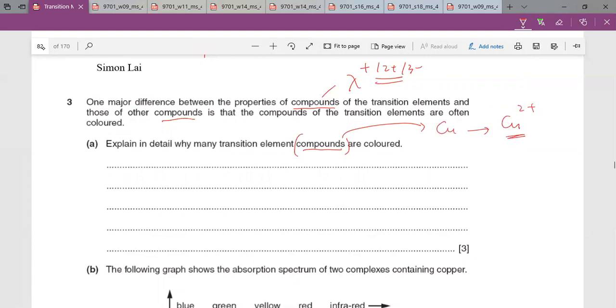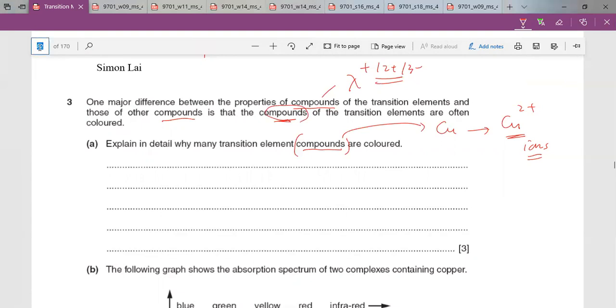So it's only ions that are colored, not the elements. The metal has no color. The metal is just shiny gray. So remember, it's very important to know the concepts, all right? This is the compounds. The compounds are often called ions, 1 plus, 2 plus, 3 plus, whatever.